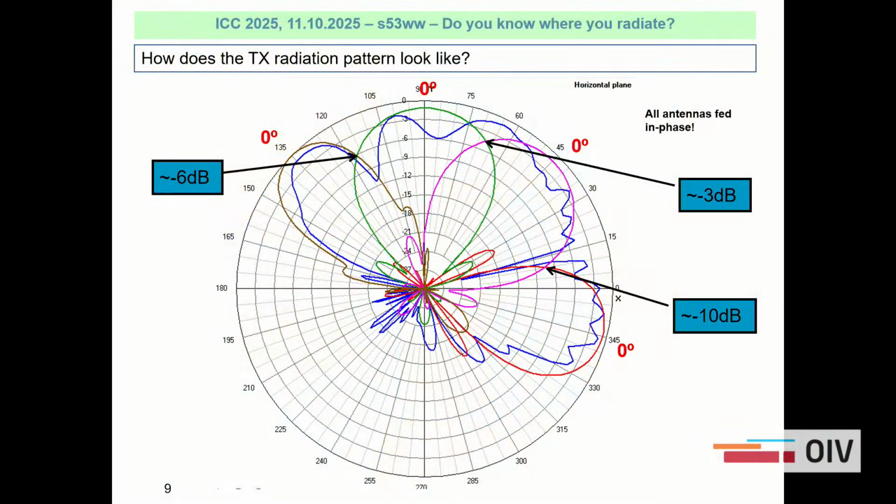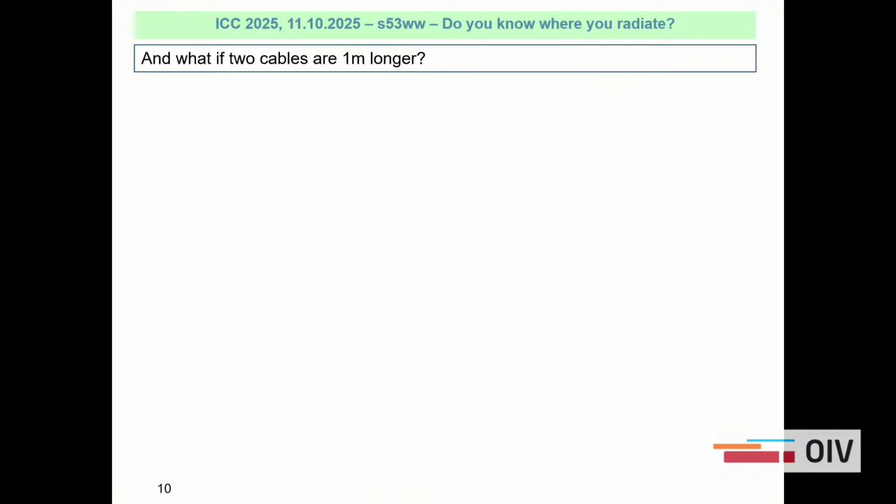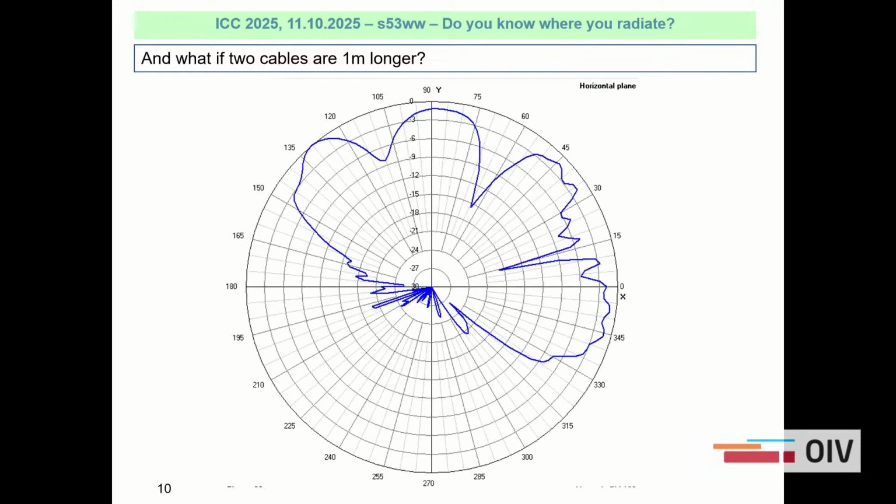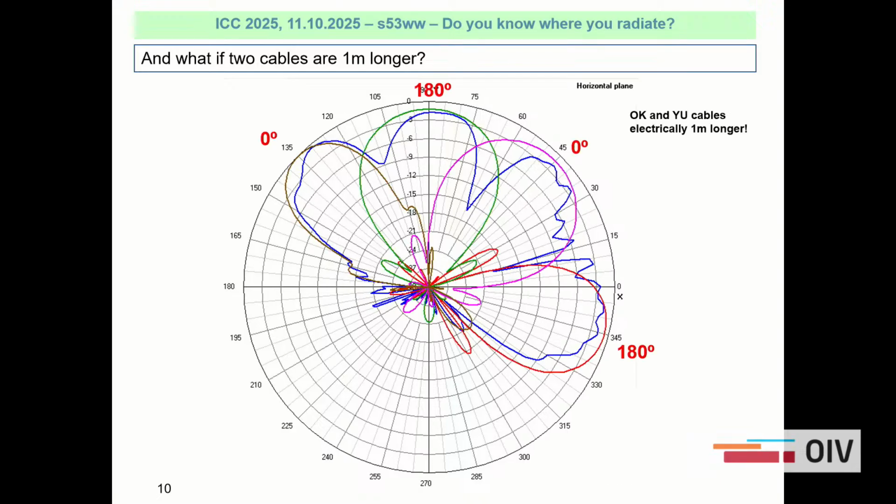But let's say you don't control the cable lengths, right? So you put 2 cables 1 meter longer, or 1 electrical meter longer, so just out of phase. What happens when they are out of phase? Okay, so Oscar Kilo and Oscar Mike are out of phase, for example. Randomly, you put it out of phase.